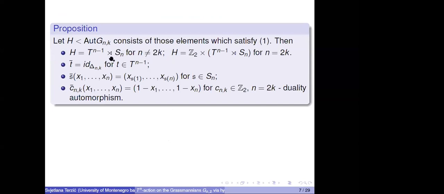It is, for n not equal to 2k, this same semi-direct product, and we have this Z_2 coming from the duality automorphism when n equals 2k.